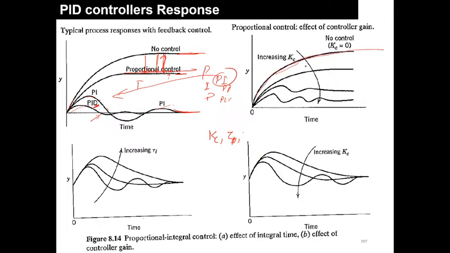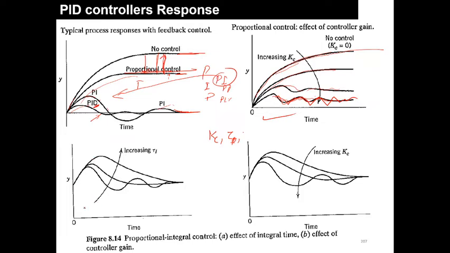When the value of Kc increases, the response of the system is corrected, but you can't increase Kc beyond a certain value. Why? If the gain of proportional control is increased, it becomes an on-off controller. You can see here this becomes an on-off type controller, and therefore you can't increase it.